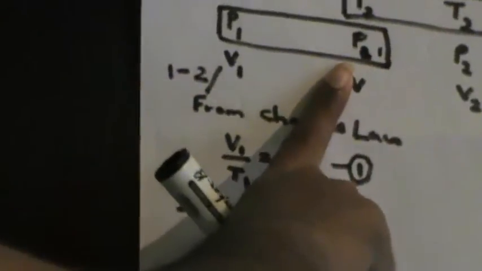For the second and third systems, the temperature is a constant. So for the first and second systems I put Charles' law, and I got an equation like this. I'll take it to be equation number 1. For the second and third systems, since the temperature is used as a constant, I can put Boyle's law.